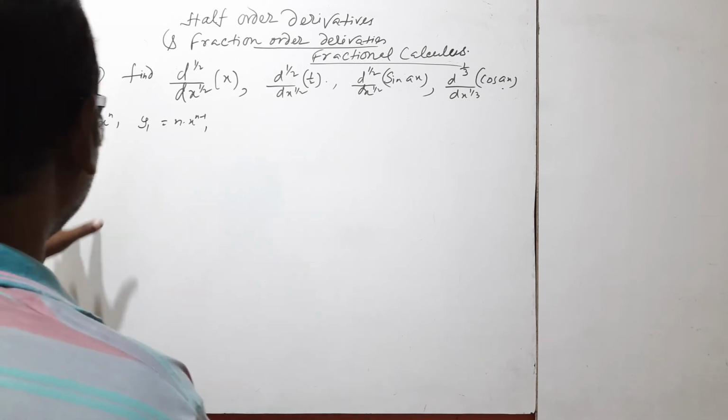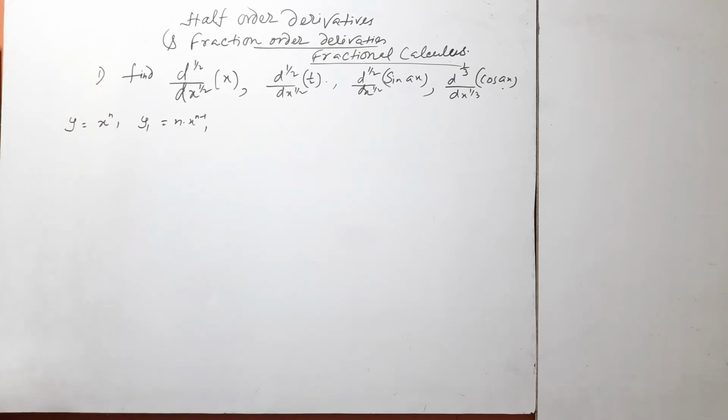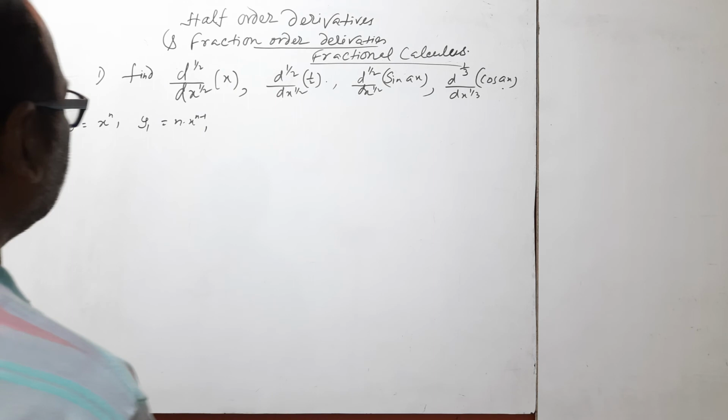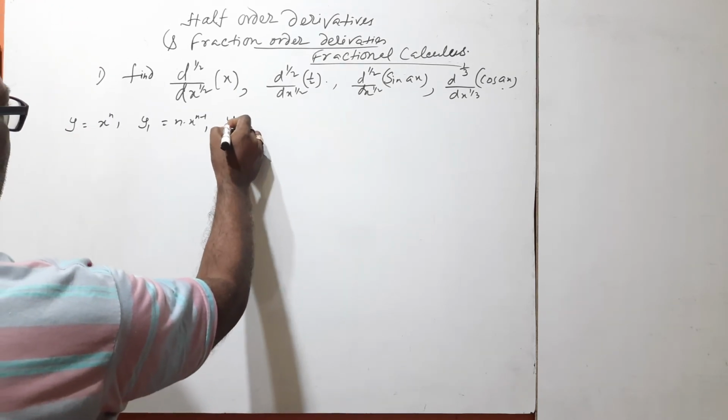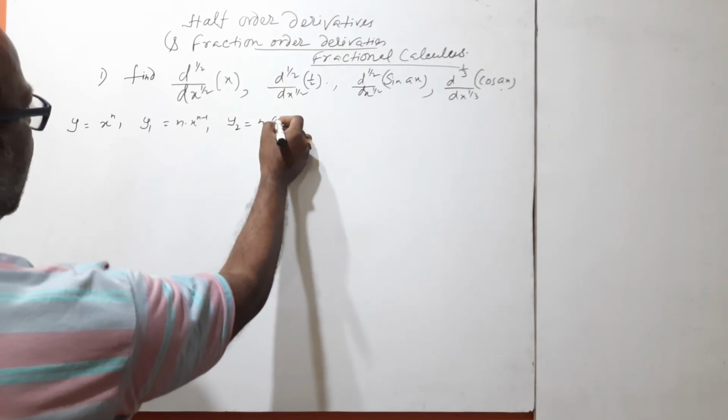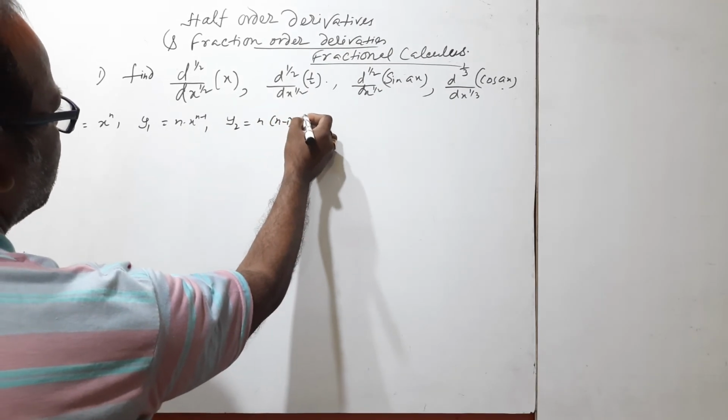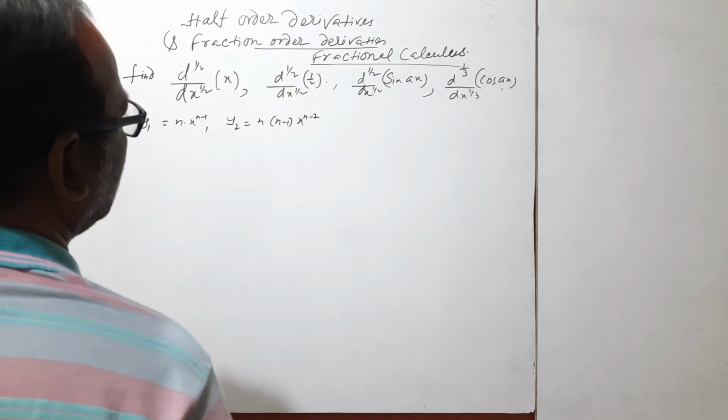So first we differentiate in the first order when n is an integer, 1, 2, 3. So y1 is equal to n into x to the power n minus 1. Now y2 would be n into n minus 1 into x to the power n minus 2.